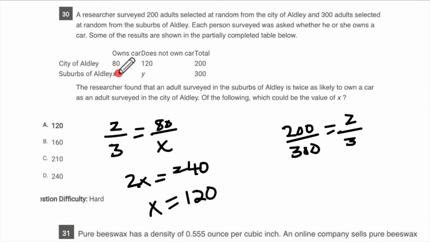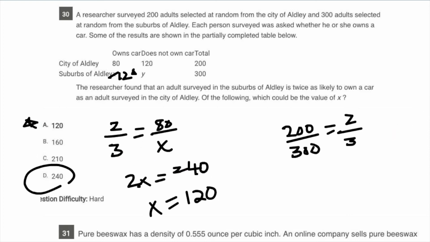So that would be the number of people that own a car is 120. The answer is 120 down there, but they said it's twice as likely. So you have to take it times 2, which makes this a hard problem because I bet most people would put 120. Yeah, so if it's going to be twice as many people, if the number of people is 120, twice as many would be 240.